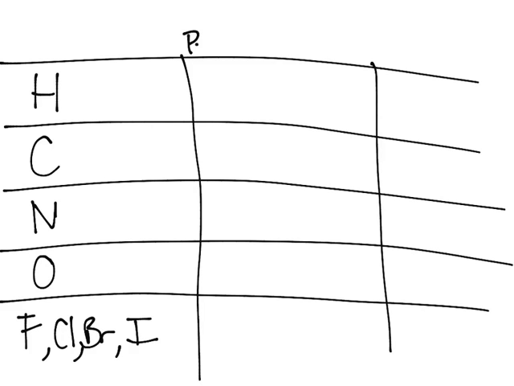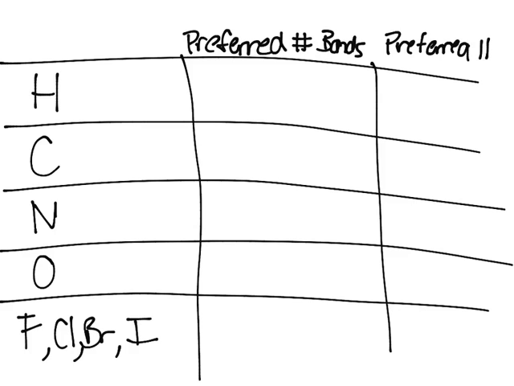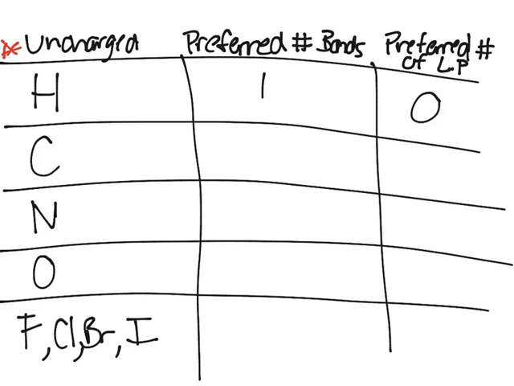Here is the preferred number of bonds, and here is the preferred number of lone pairs, LP. This is a generalization, it's not always true, but for neutral, uncharged atoms, keynote there, uncharged, hydrogen will like to have one bond and no lone pairs.